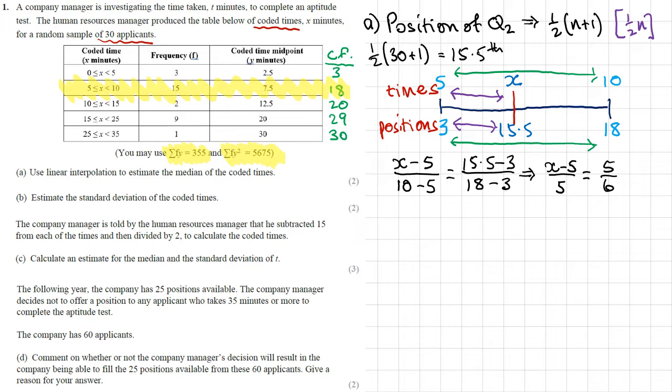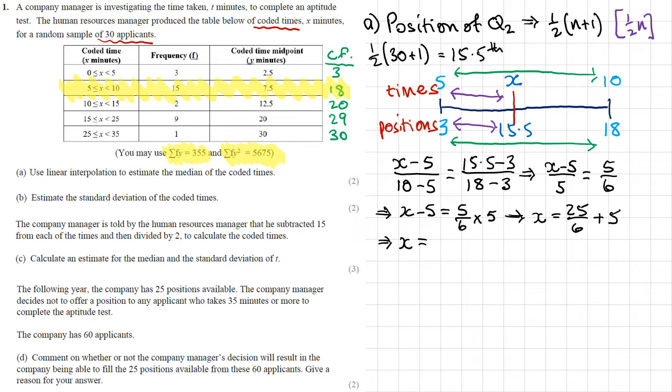So it's just rearranging it now to find X. So I'm going to times both sides by 5. So 5 over 6 times 5, and then add 5 to both sides. So I'll have X is equal to 25 over 6 plus 5, and I get an exact value of 55 over 6.